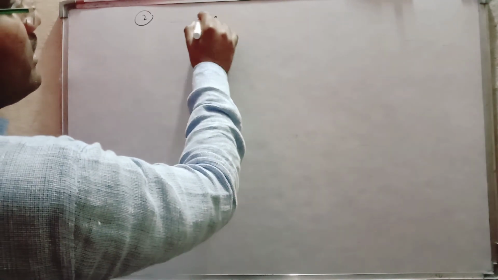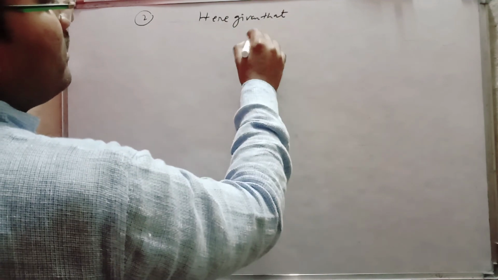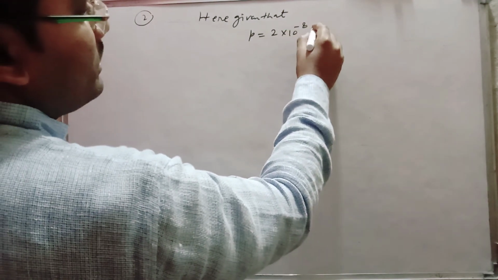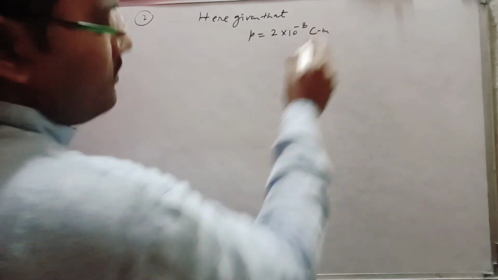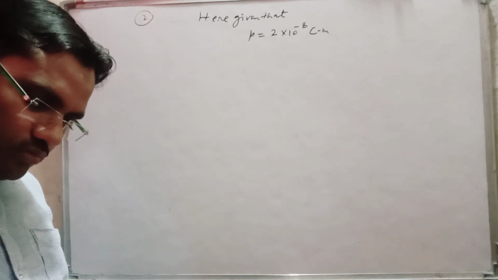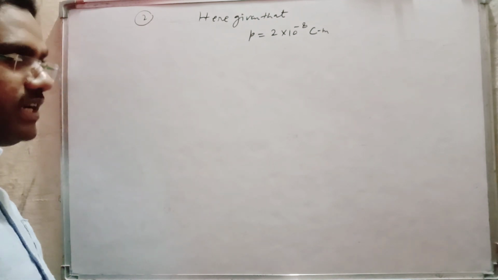There is a second numerical in the PDF. A short dipole has dipole moment of 2 into 10 to the power minus 8 coulomb meter. Find the electric potential due to the electric dipole at a point 0.1 meter from the center.